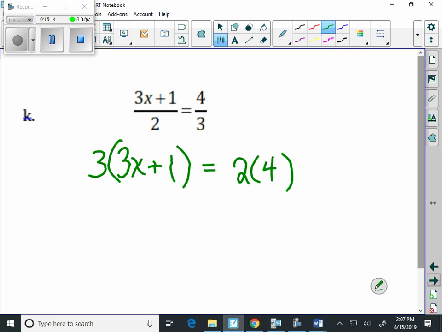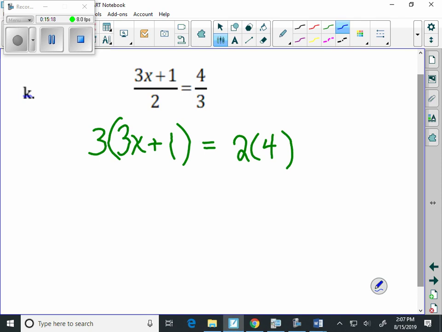Now this problem requires us to use distributive property. And distributive property says what's outside the parentheses gets multiplied by what's inside the parentheses. Sometimes people call it the rainbow method. 3 times 3x is 9x. 3 times 1 is 3. And again, 2 times 4 is 8.